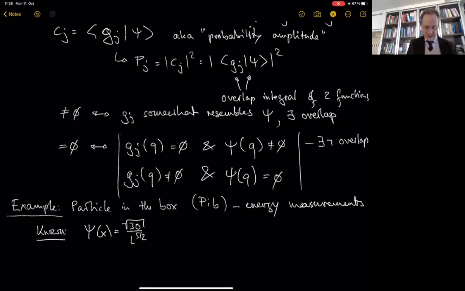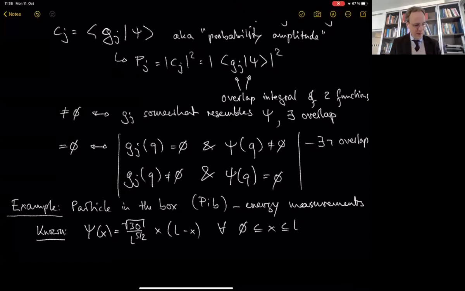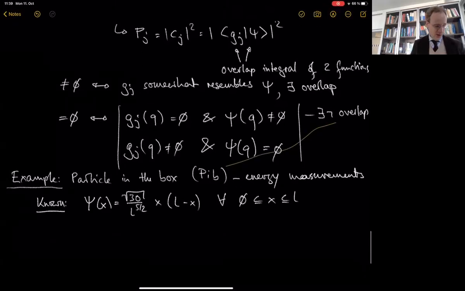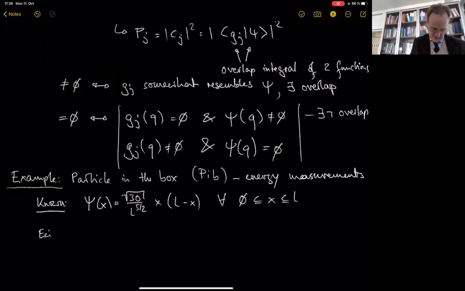It's the square root of 30 over L to the 5th, times x times L minus x, for all 0 smaller equals x smaller equals L. So this is the total wave function, and we now also know the eigenfunctions of this Hamiltonian.